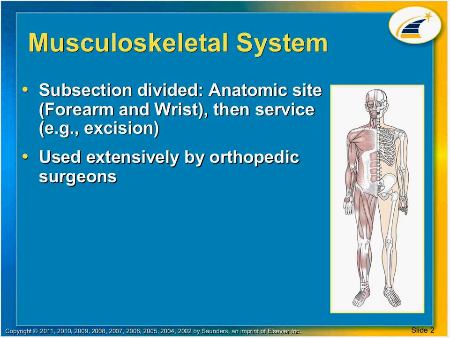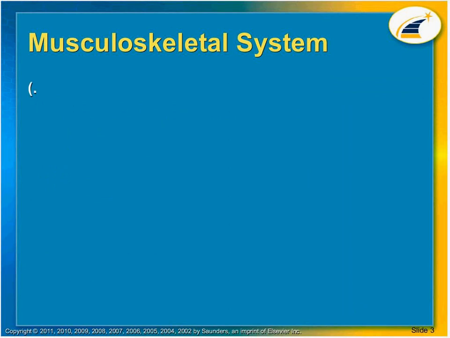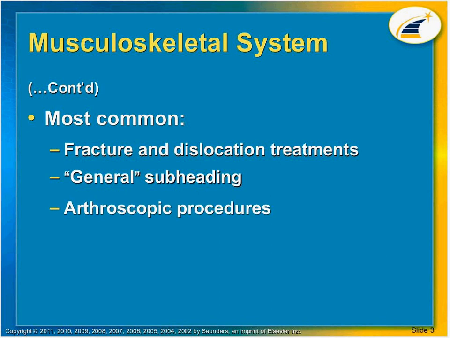These codes are mainly used by orthopedic surgeons, but once again, they can be used by a variety of physicians, so it doesn't matter. We have here the most types of codes that you come across, like the fractures and the dislocations and the treatments under the general subheading, which is the very first section in CPT at the bottom of page 62.